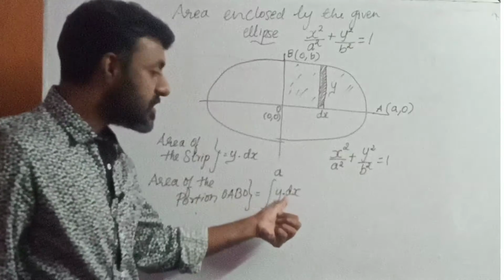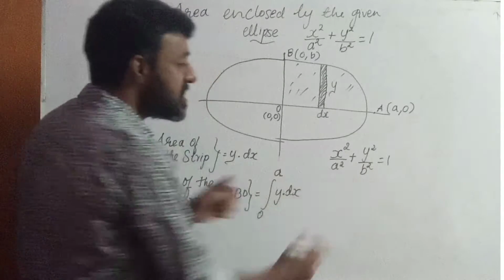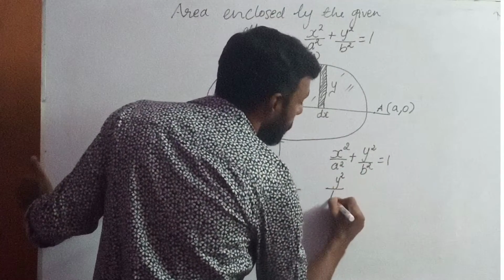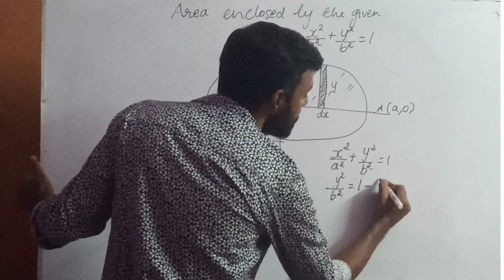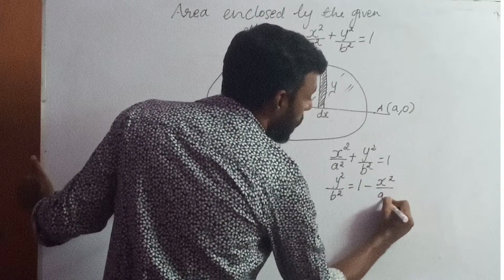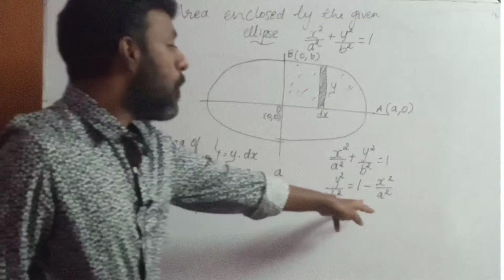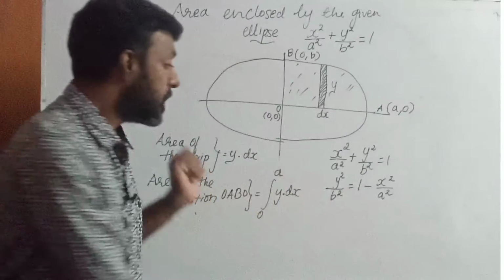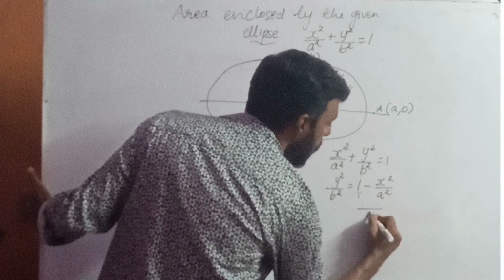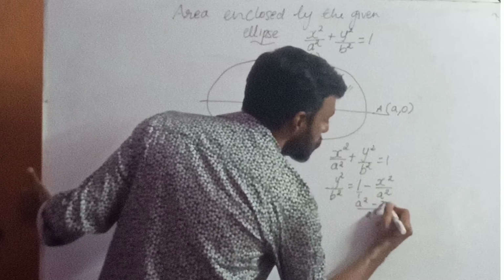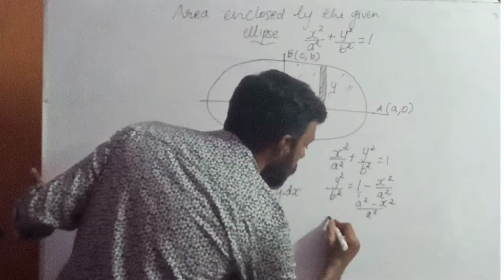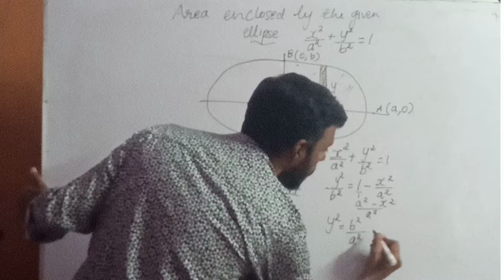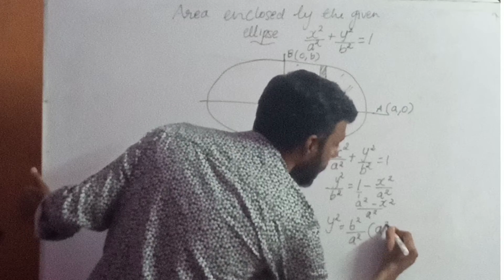So y squared divided by b squared equals 1 minus x squared by a squared. Simplifying 1 minus x squared by a squared, it becomes a squared minus x squared over a squared. So y squared will be b squared divided by a squared into a squared minus x squared.